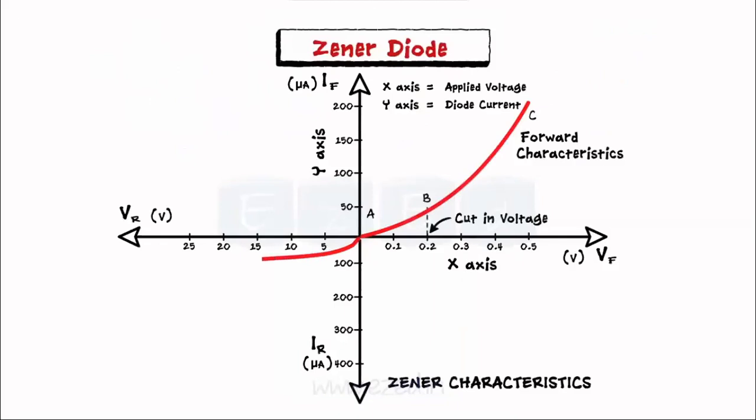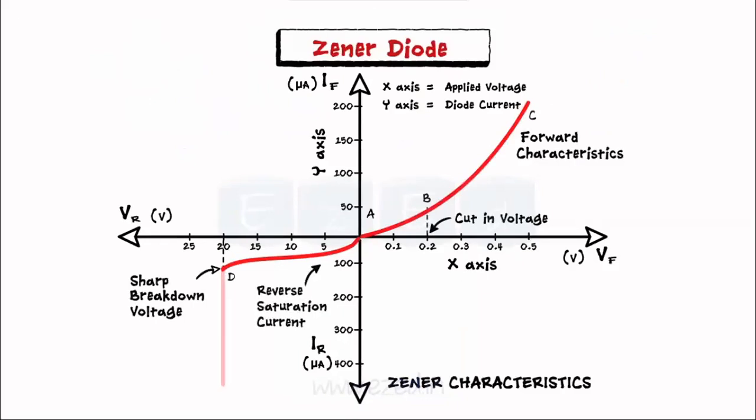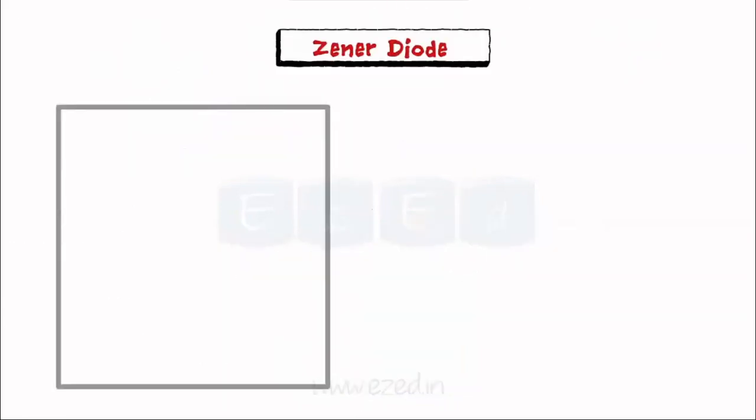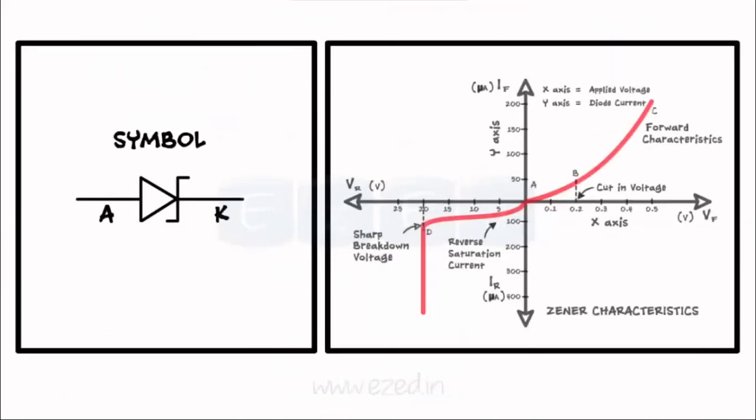Hence, the Zener diode works effectively in reverse bias also. Due to this special characteristic, the Zener diode finds many applications in voltage regulator circuits. The symbol and characteristics of the Zener diode are as shown.